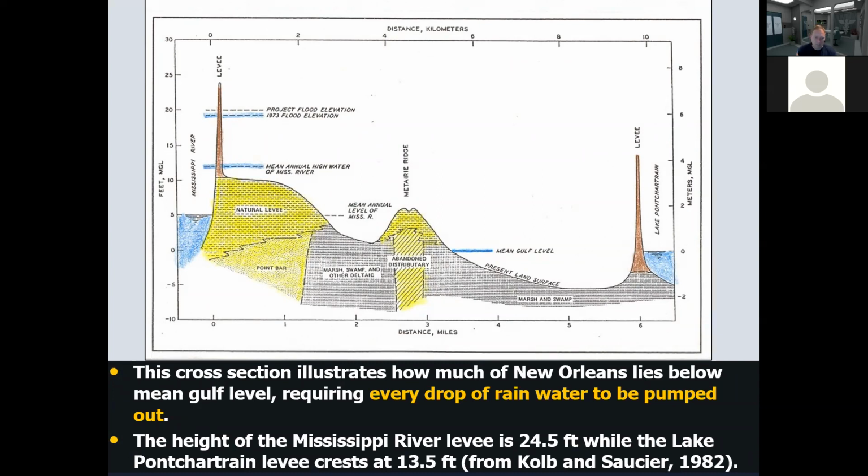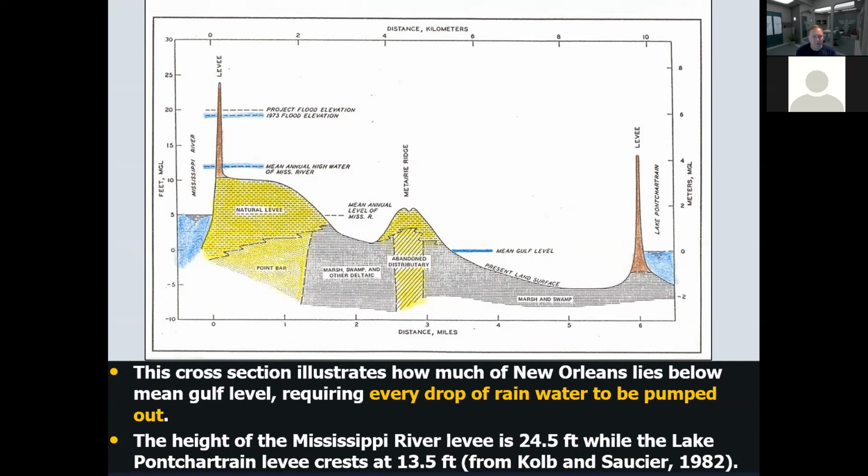It's part salt water, and that brackish water is a reflection of the fact that there's a lot of water from the Gulf that comes into the Lake Pontchartrain area. The Mississippi River, on the other hand, is still higher, and obviously water from a higher level is going to transfer down to a lower level. So the Mississippi River is going to be higher continuously upstream until it travels down to the Gulf of Mexico.